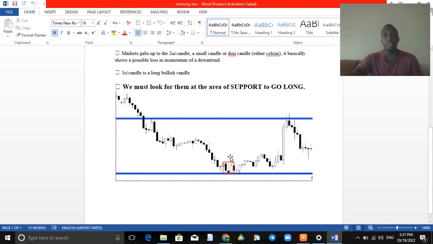If you entered your trade from here and you had your stop loss below this support level, because when you break this support level, it's no longer a buy, it becomes a sell, or it can be a fake out and you possibly see the market coming back and pushing to the upside.